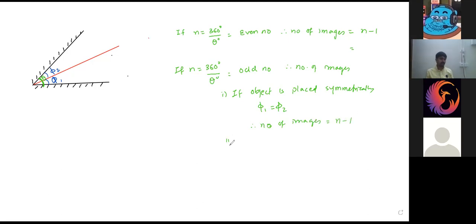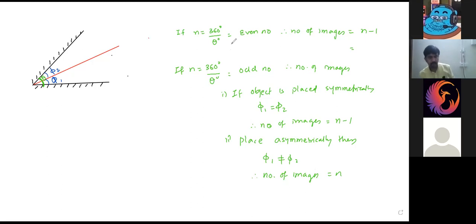And if it is placed asymmetrically, then phi 1 is not equal to phi 2, so the number of images is equal to n as it is.